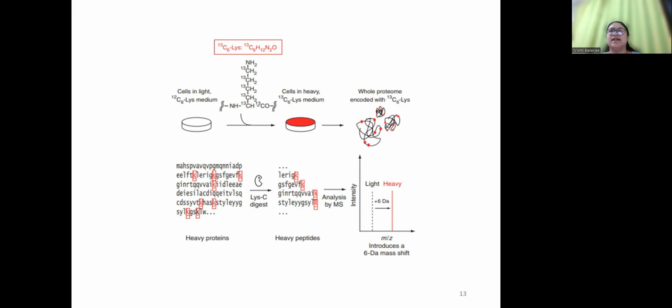Now suppose this is protein A, but it is not present in the diseased one, and you see a heavy one in place of that. That means that particular protein is unique to the sample. And again, if you see a change in mass, that means it is getting modified.